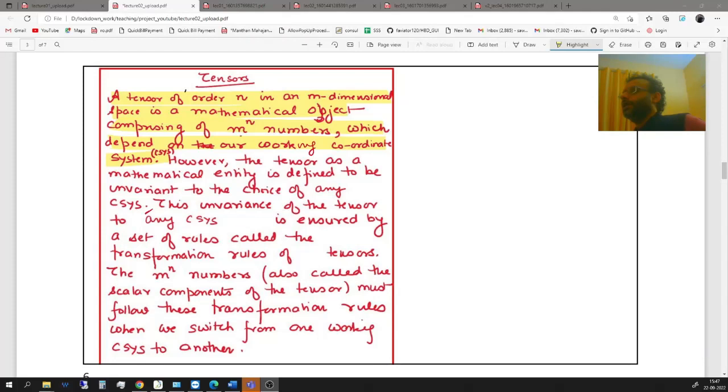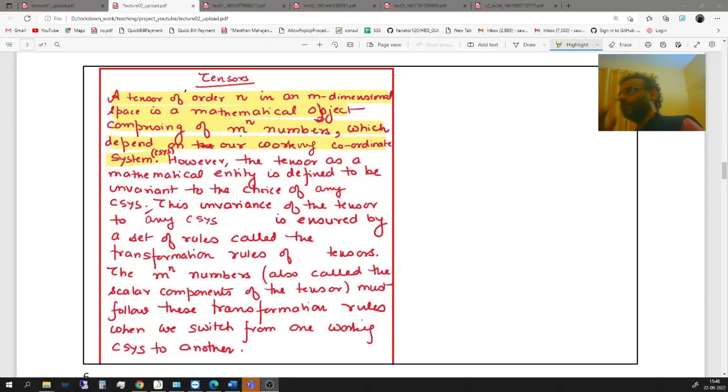tensors. The m raised to the power n numbers, which are also called the scalar components of the tensor, must follow these transformation rules when we switch from one coordinate system to another. When we express the tensor in one coordinate system, and at a later time express the same tensor in another coordinate system, then the scalar components must be related.